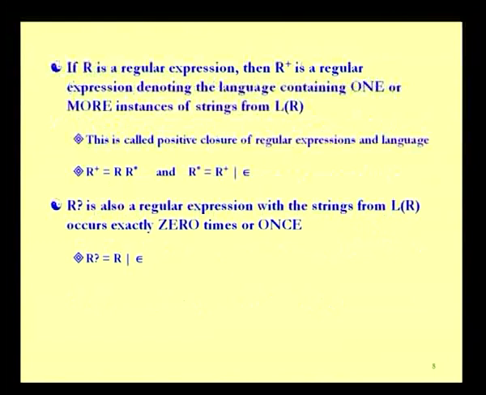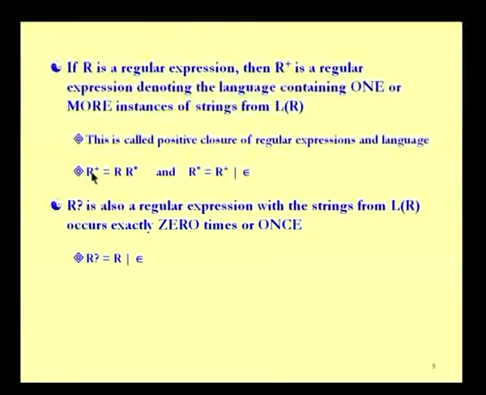Now we have another regular expression, R plus. This is a regular expression denoting the language containing one or more instances of strings from L(R). R star is zero or more occurrences of R, and R plus is slightly different: the only string missing is the empty string.